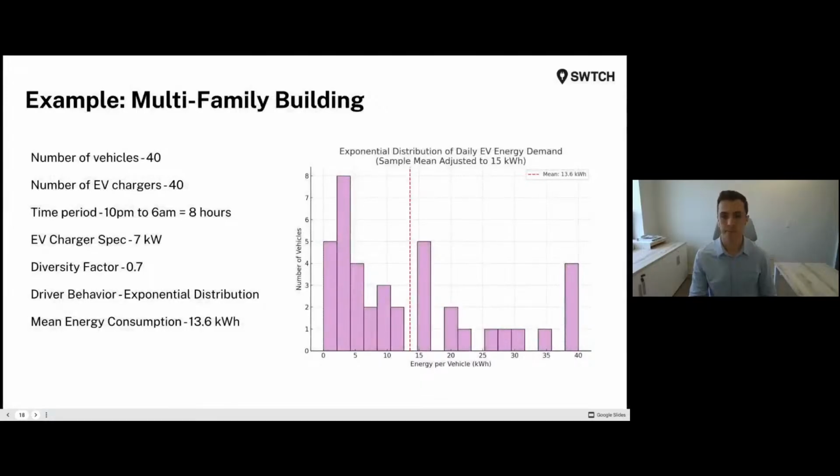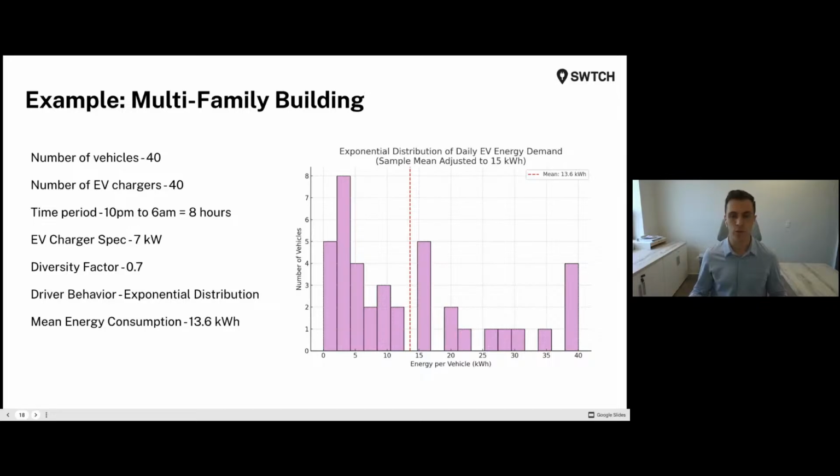And so let's talk example. So in this example, we're going to set our initial variables. Let's say we were talking to the customer and they gave us the design criteria of 40 vehicles are going to be in the building, and they want to install one charger per vehicle, 40 EV chargers.